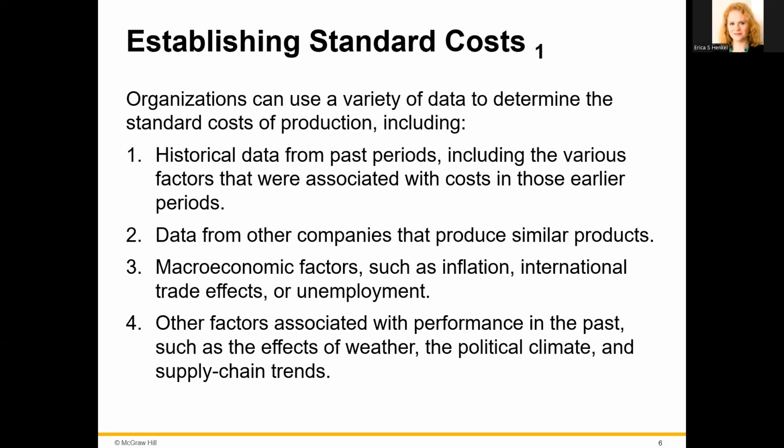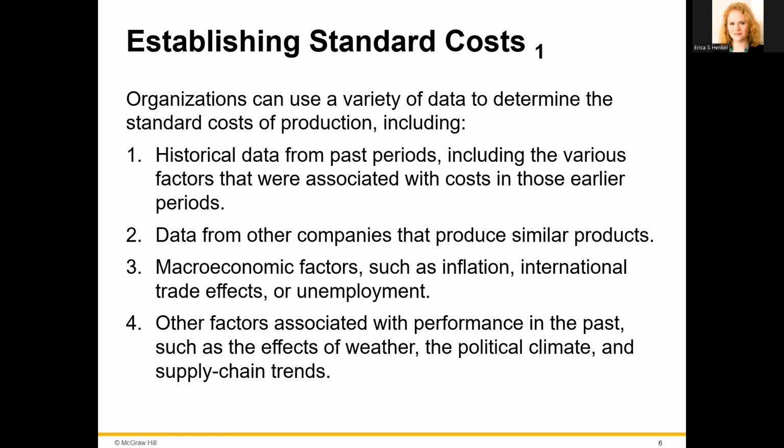Now, typically how those standard costs are assigned is by looking at past periods and what your expectations are going to be for your costs going forward. So what you've spent in the past is probably a good guide, but say if you haven't been super efficient in the past and you want to establish a cost standard for where you should be, then you might also look outside your company to other companies. You might also look at what the economy is doing.